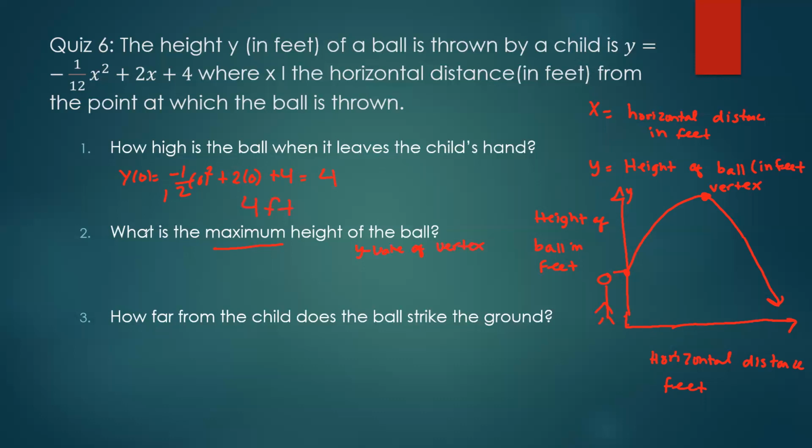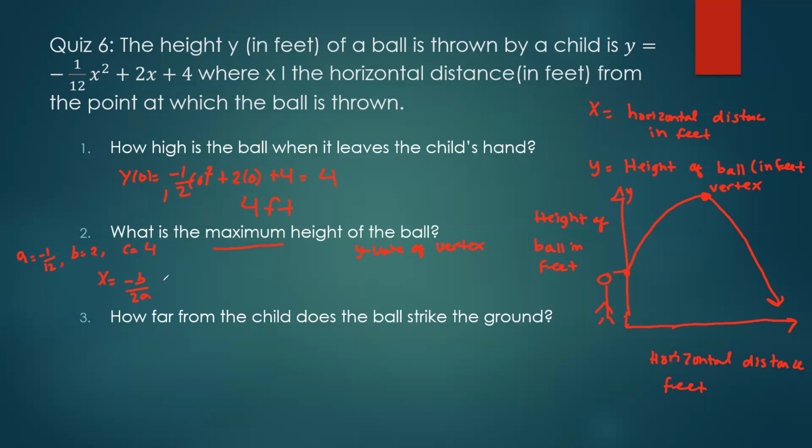To find the y value of the vertex, you first have to find the x value of the vertex. Since it is not in vertex form, I have to use the formula x equals the opposite of b over 2a. First we figure out our a, b, and c. Our a value is negative 1/12, my b value is 2, and my c value is 4.